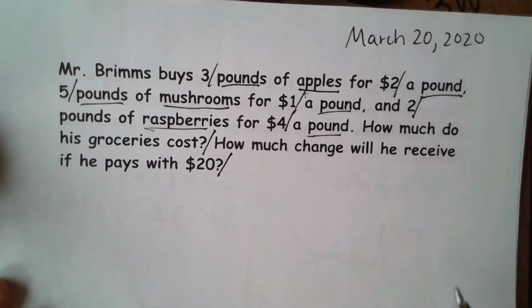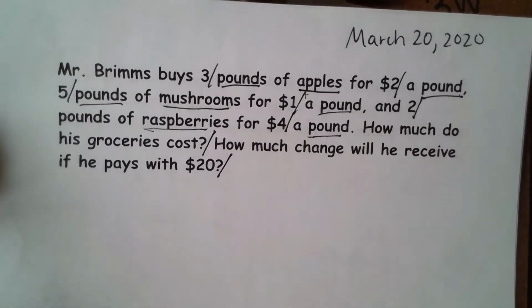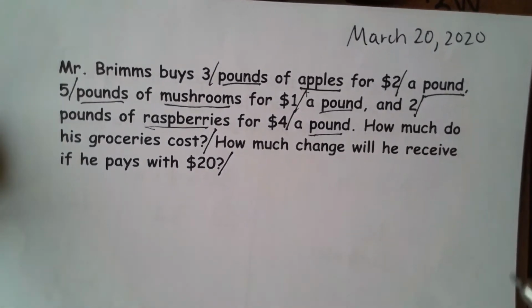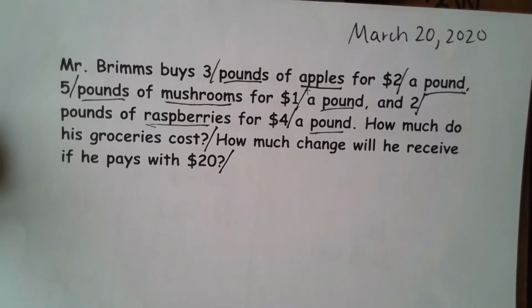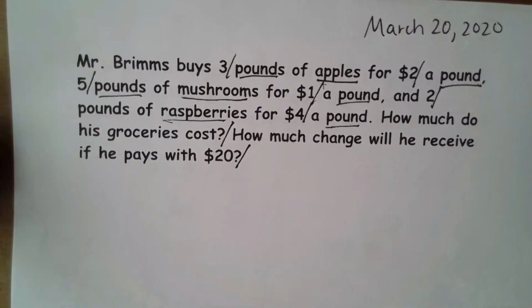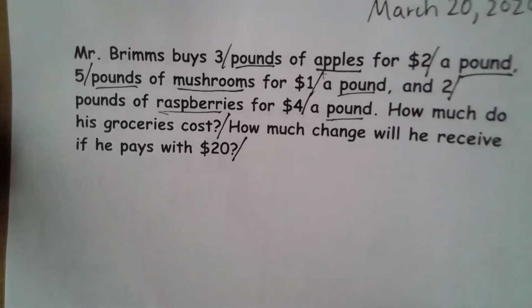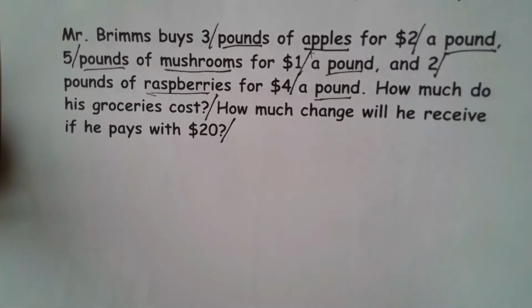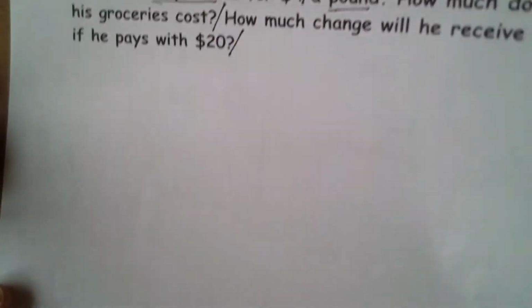Chunk. Okay, so before we even unpack all this, we have 2 questions. How much do his groceries cost, and how much change will he receive if he pays with $20? So I'm going to go to the bottom and write my answer statements. How much do his groceries cost?